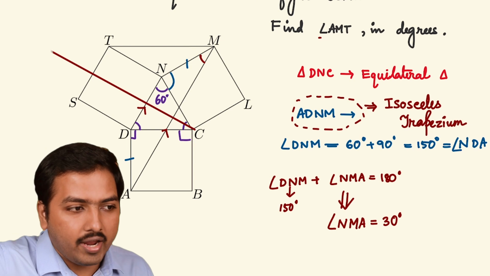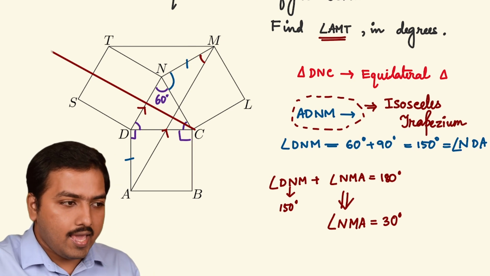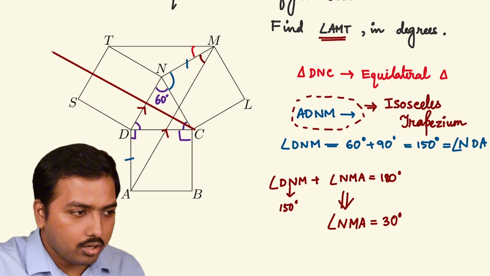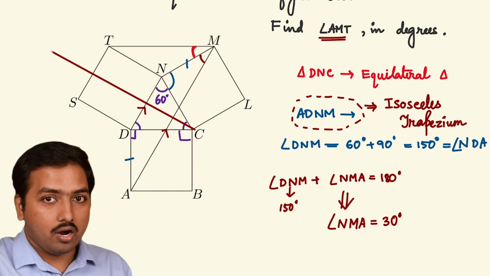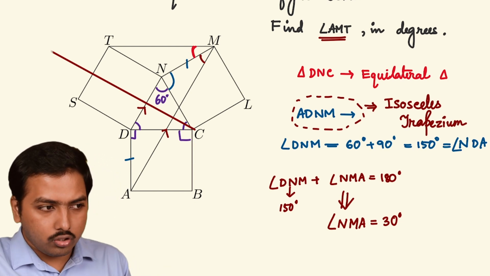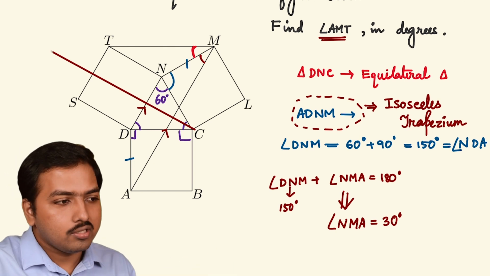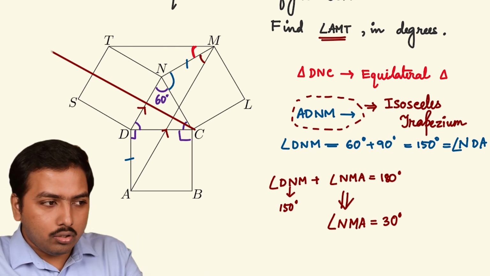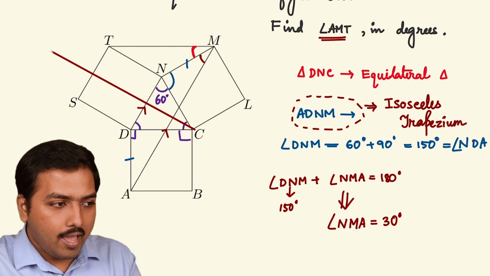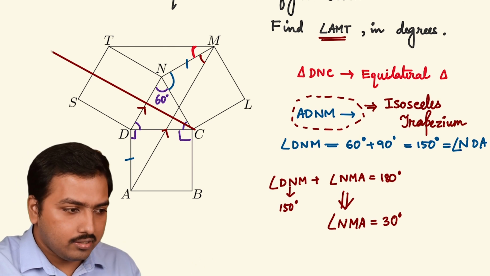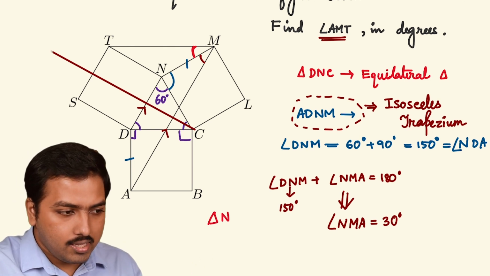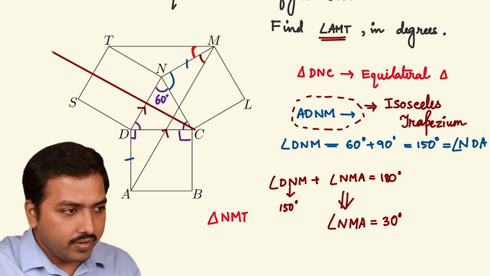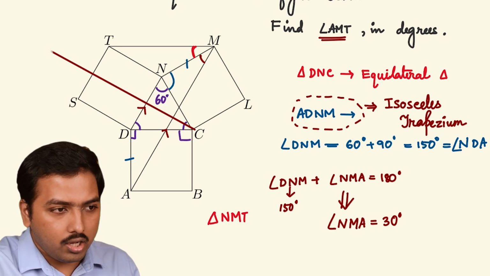Our target is to find angle AMT. So if we can get the remaining part of AMT, which is this, we are done. Okay, now let's focus on this particular portion. If we look into the triangle, particularly triangle NMT, look, we were given three squares of the same size.